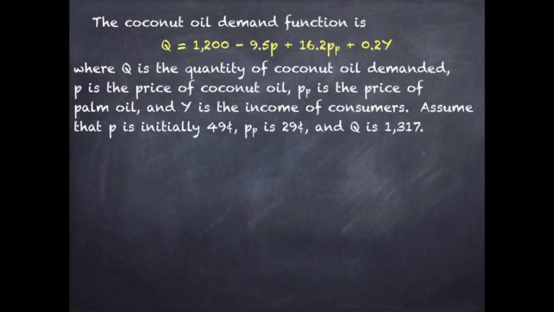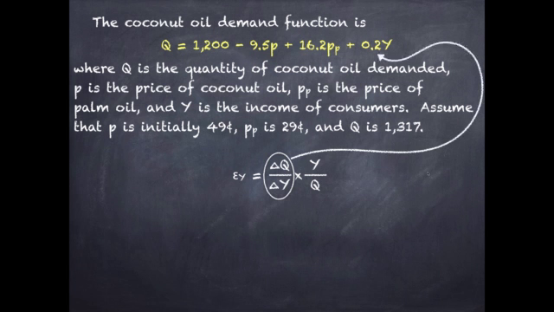So we were tasked with finding the income elasticity, so we're going to need the income elasticity formula. The income elasticity formula is the ratio of the change in Q over the change in Y, multiplied by the ratio of Y over Q. So here's the formula that we need, and you should realize that some of this information is given to us.